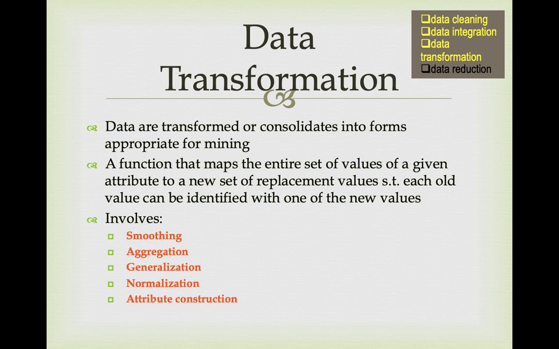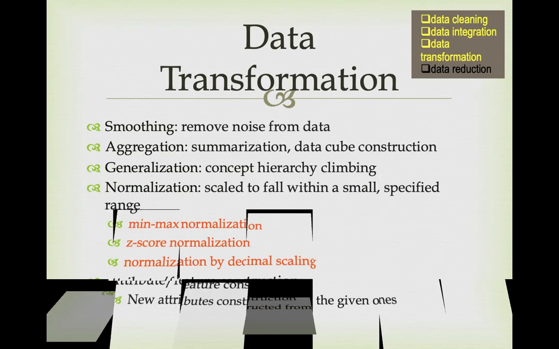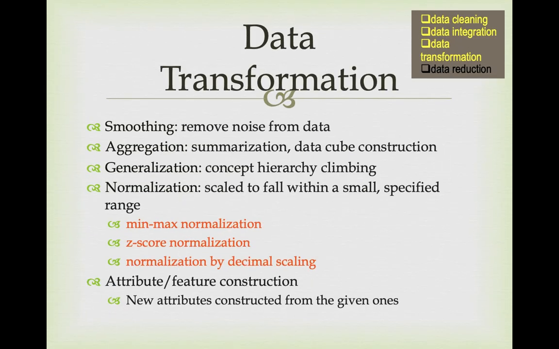It involves smoothing, aggregation, generalization, normalization, and also attribute construction. Smoothing removes noise from the data. Aggregation, what is meant by aggregation? The summarization or data cube construction.